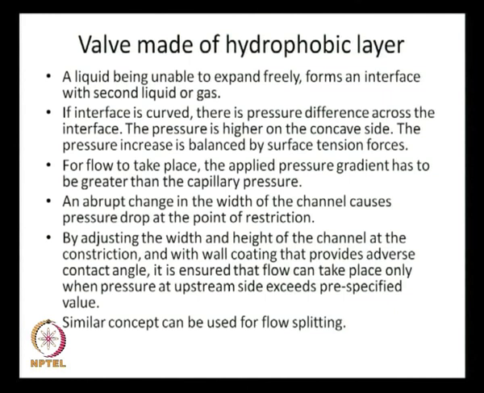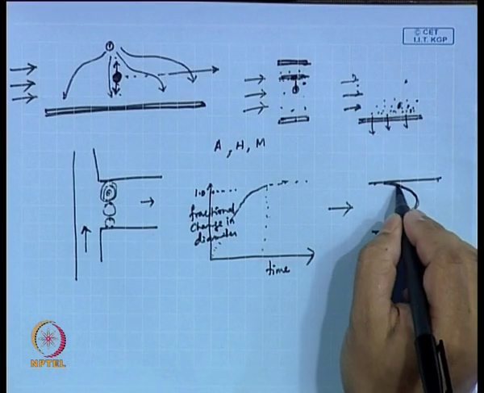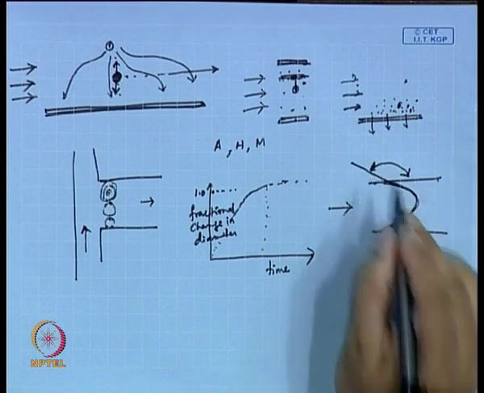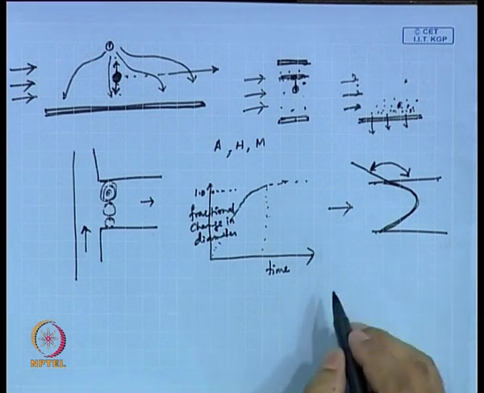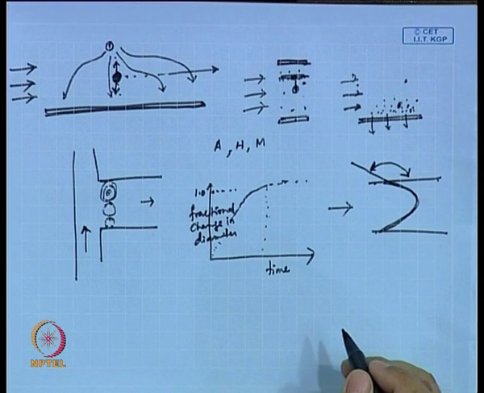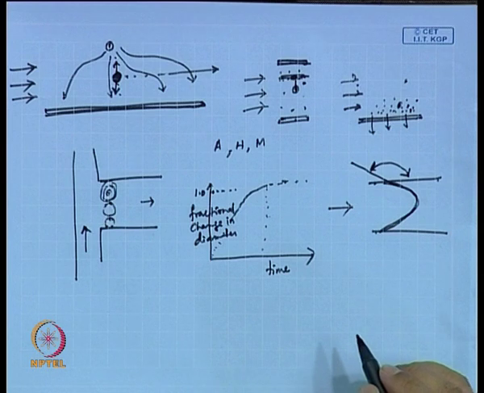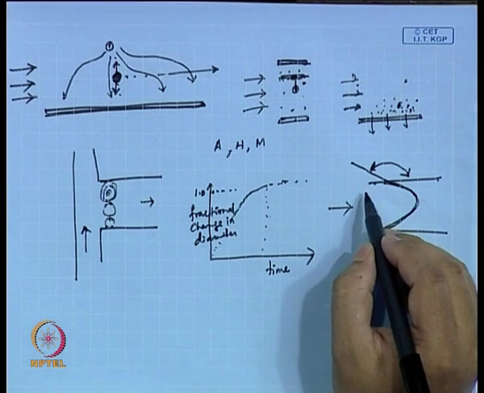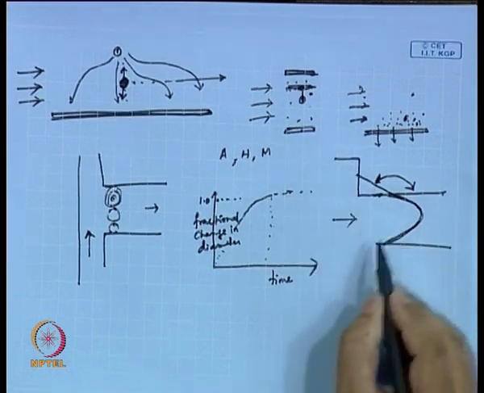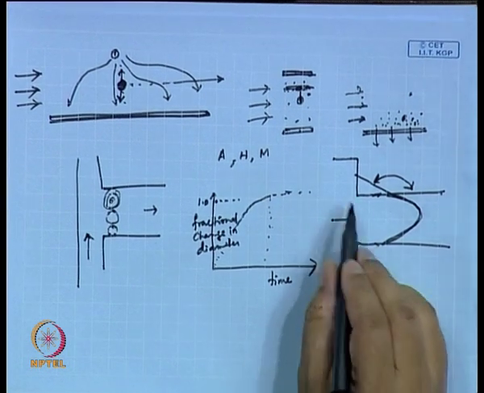What is the formula you have there? Suppose this is the angle it makes, okay, and if you have an abrupt change in the width of the channel, suppose you have the channel which is having an abrupt change in the width.